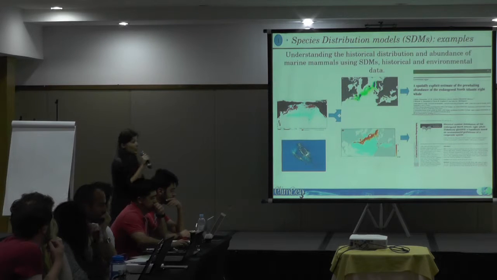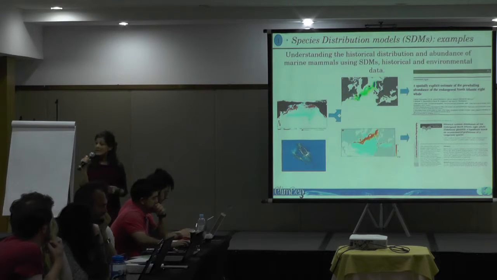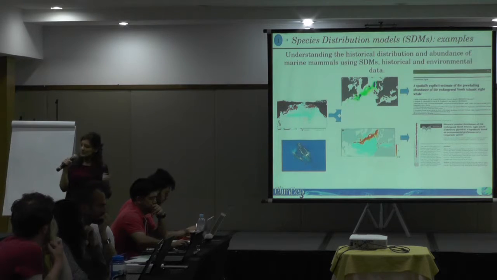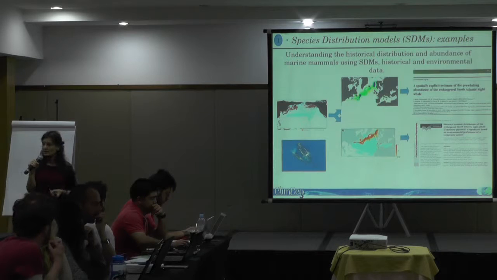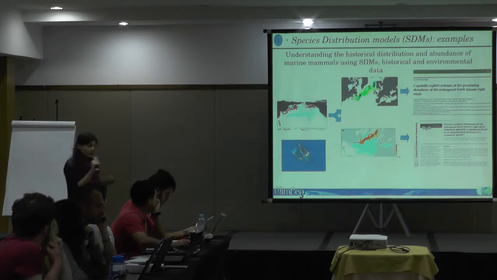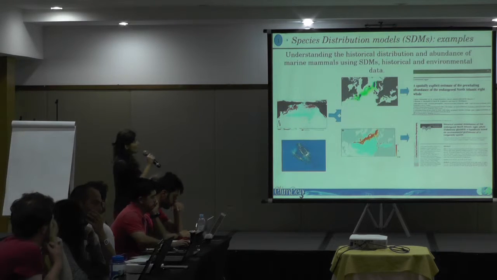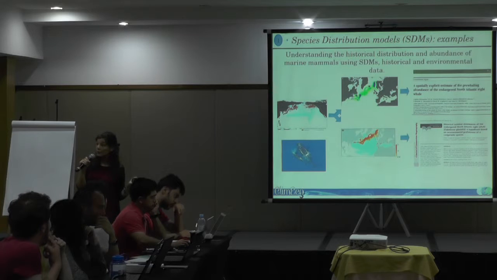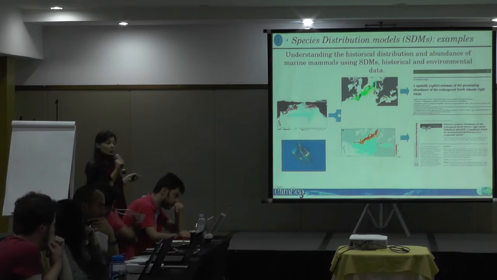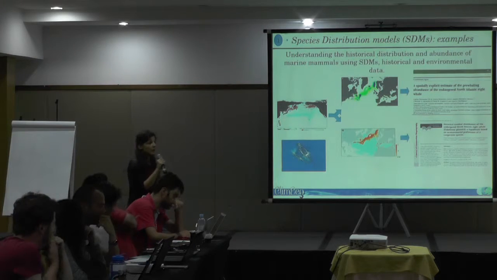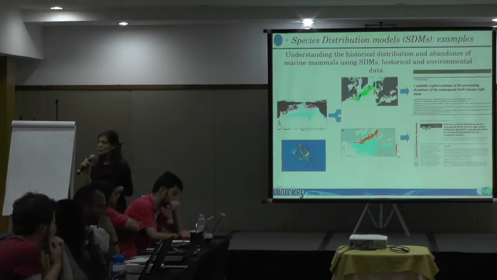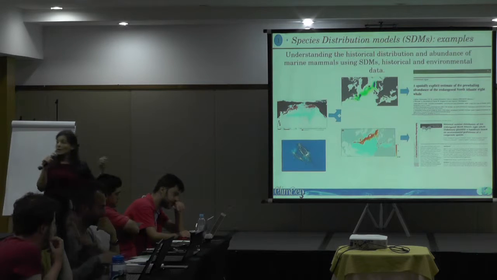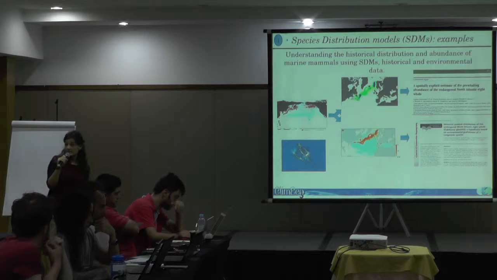It was exploited a lot in the early years of the 19th century, and so we wanted to know what the distribution was in the past, before this anthropogenic impact. So we combined historical data and environmental data to understand the distribution of the species in the past. And when you do a species distribution model, you are also predicting abundance, so we know how many individuals there were before the hunting started.